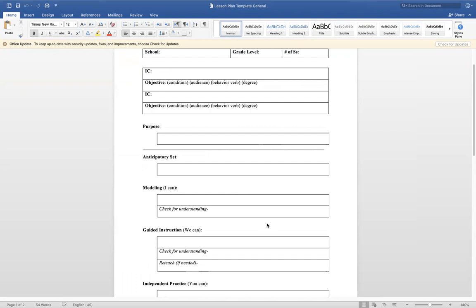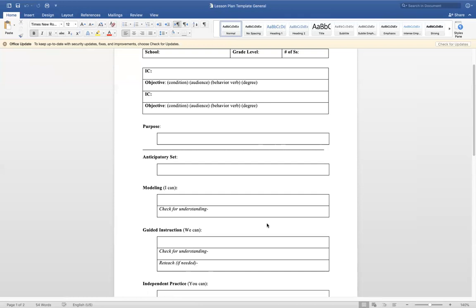In some cases, the anticipatory set also includes reminding of previous knowledge. So just like what we did in the class when we worked on the Iowa Core and Common Core objectives, before I teach this, I have to make sure that my students have access to or remember how to write an objective.